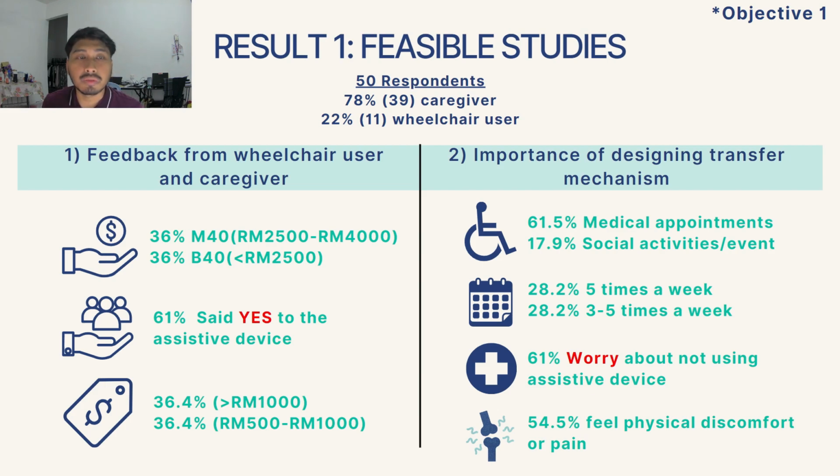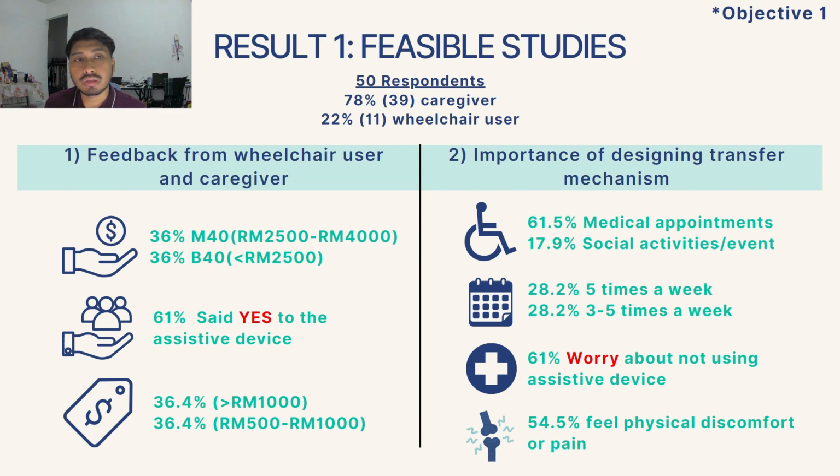The majority of them, 61%, said yes to an assistive device or transfer mechanism. For the third question, I asked how much they spent on assistive devices in past months. The majority spend from 500 ringgit as their minimum cost to more than 1,000 ringgit.